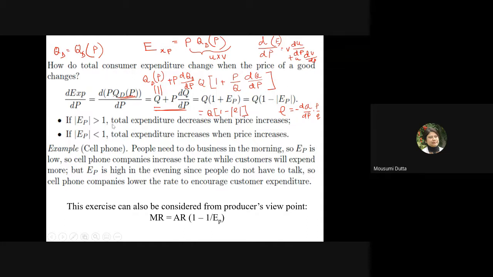Now I'll use the same concept, price elasticity of demand, but derive a relationship from the seller's viewpoint.